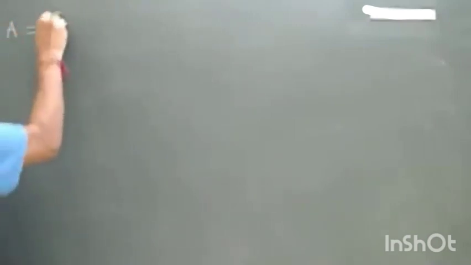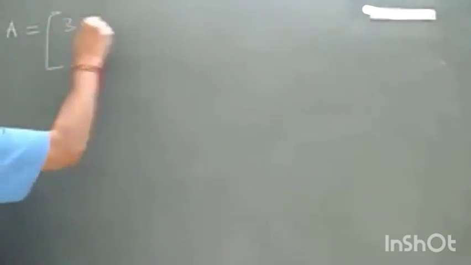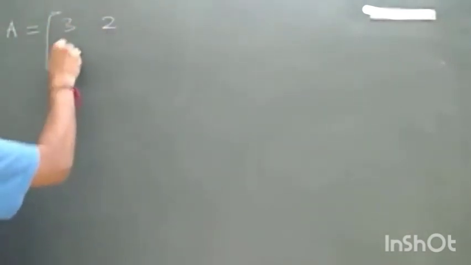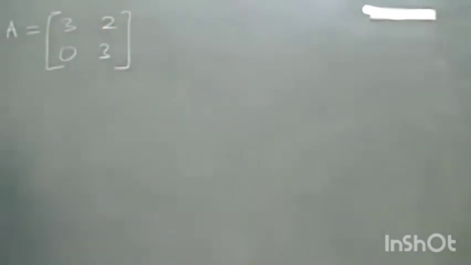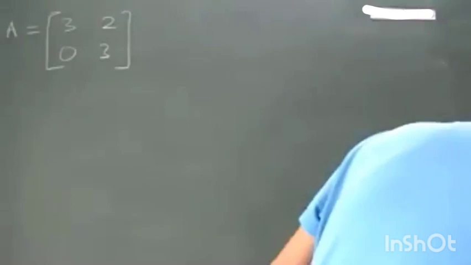I will write a matrix and you calculate everything immediately. The matrix capital A is equal to 3, 2, 0, 3. This is the matrix. Come on, quickly.